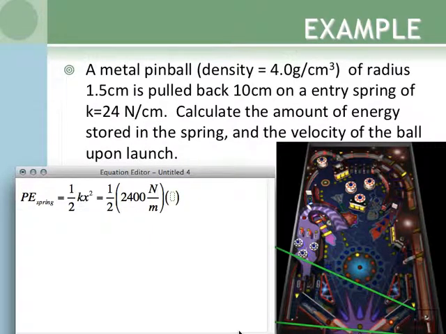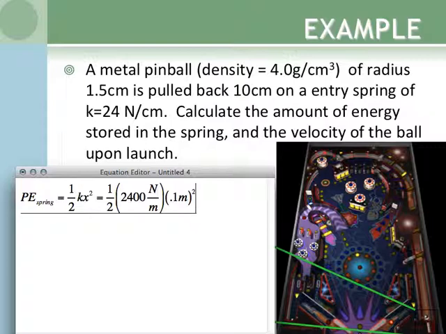And if we multiply that by the distance that we pull it back, it said 10 centimeters. So 10 centimeters in meters would be 0.1 meters. And that would be squared.